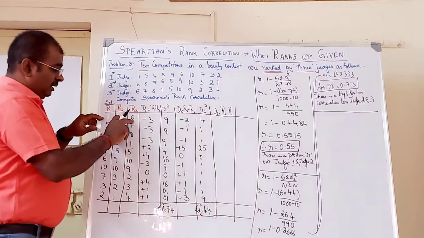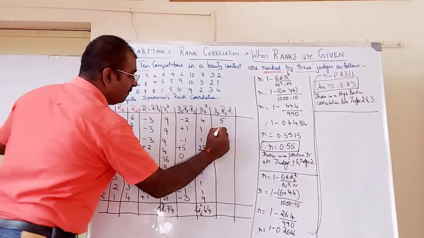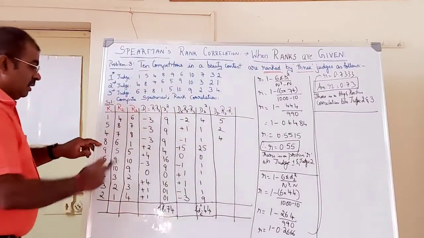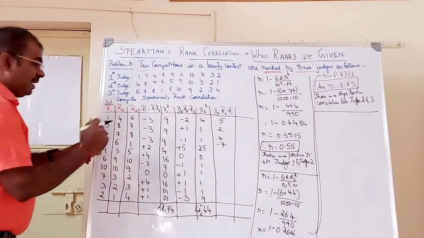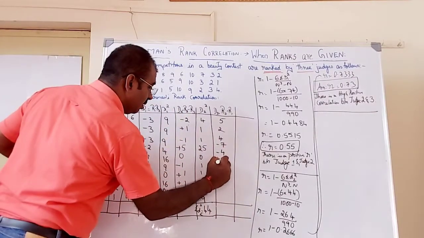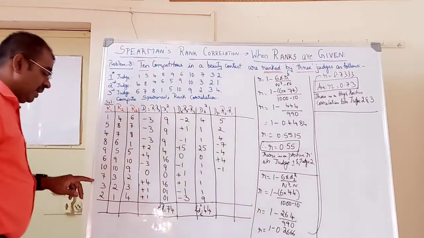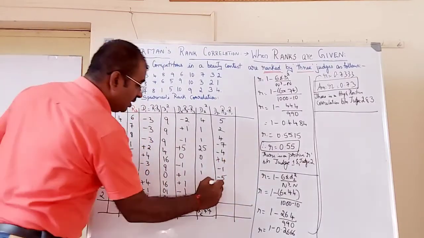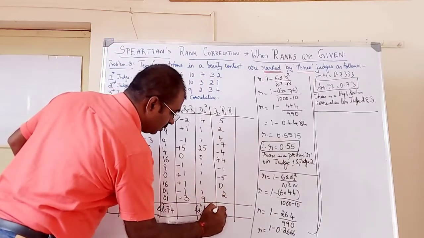R3 minus R1: 6 minus 1, 5; 7 minus 5, 2; 8 minus 4, 4; 1 minus 8, minus 7; 5 minus 9, minus 4; 10 minus 6, plus 4; 9 minus 10, minus 1; 2 minus 7, minus 5; 3 minus 3, 0; 4 minus 2, 2.